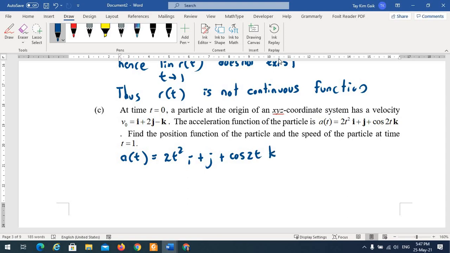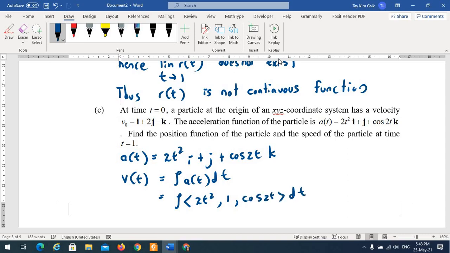To find the position vector, you have to find the velocity vector first. Given the acceleration vector, before you can get the position vector, you have to get the velocity vector. v(t) is the integral of a(t) dt. So we integrate 2t squared i plus 1j plus cos 2t k dt, or you can write it with the bracket and dt outside, same thing.